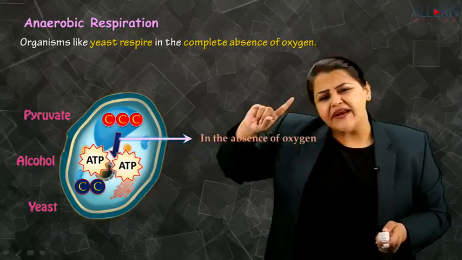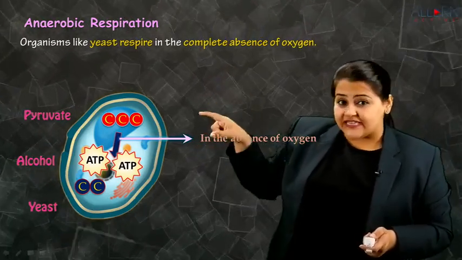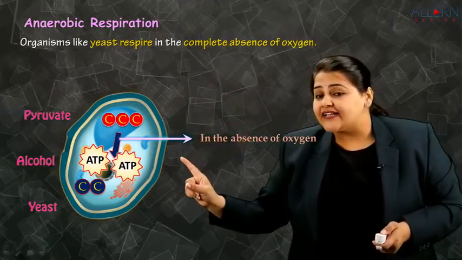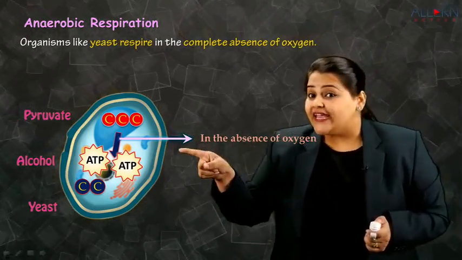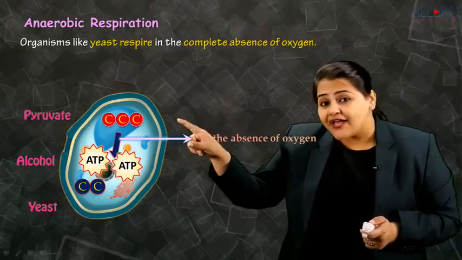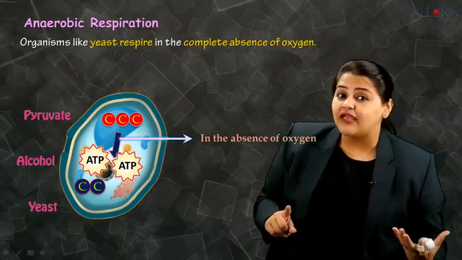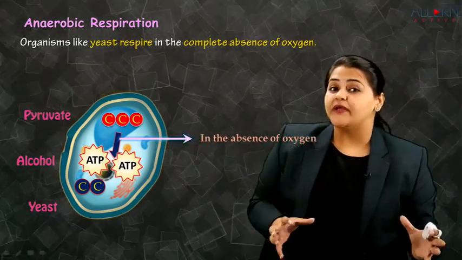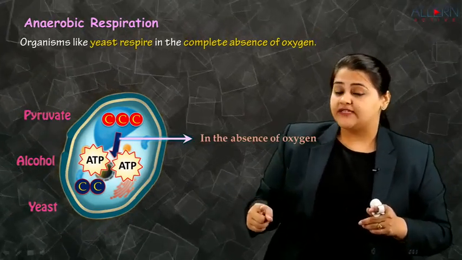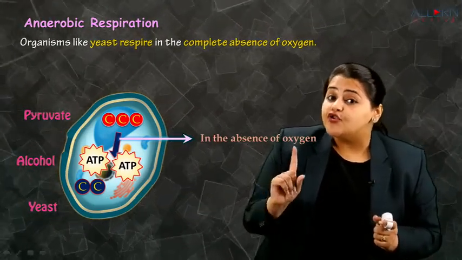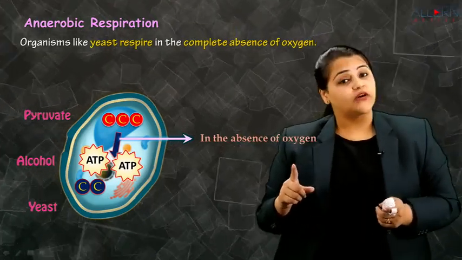That means the pyruvate is not going to completely break down into acetyl coenzyme A. So the normal protocol of aerobic respiration was acetyl coenzyme A. But now the problem is that there is no presence of oxygen. The absence of oxygen prevails, as a result of which what is going to happen?